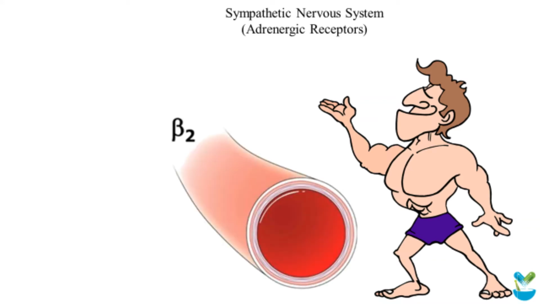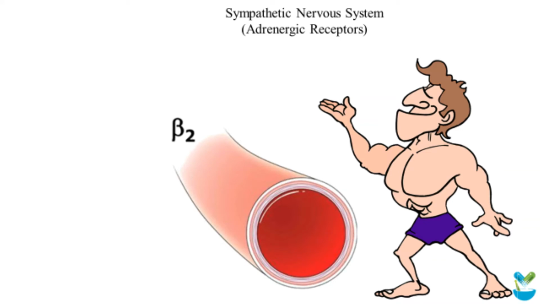As you guys already know, blood flow towards the skeletal muscles increases in the sympathetic nervous system, which helps you in fighting. So the blood vessels bringing blood to skeletal muscles dilate, or vasodilation takes place, when there is a fight or flight situation. And if it is dilation, beta-2 receptors are involved, as I just said.